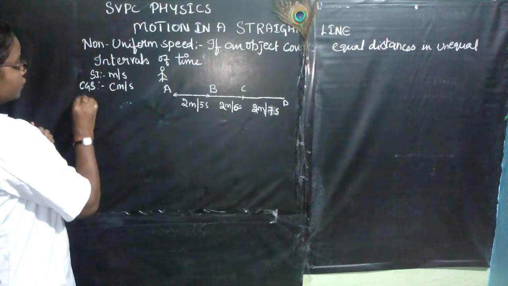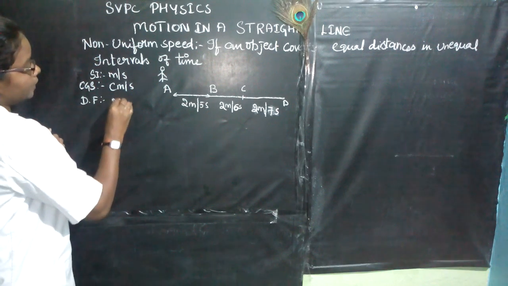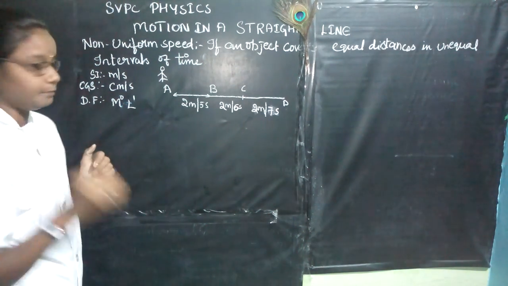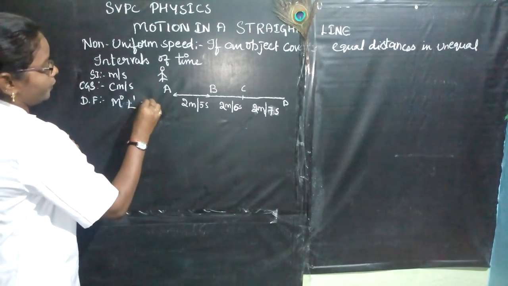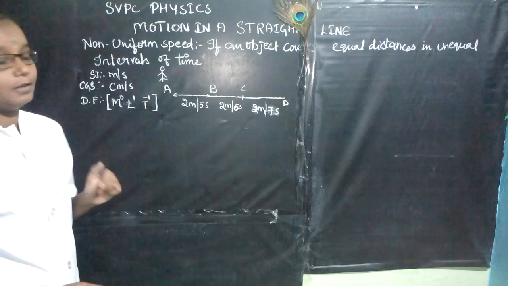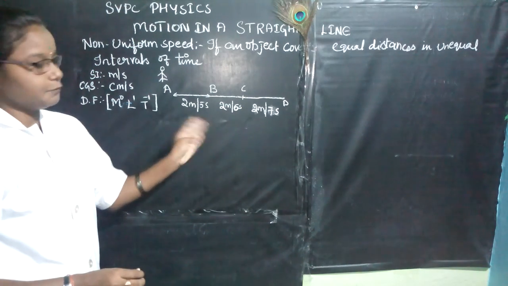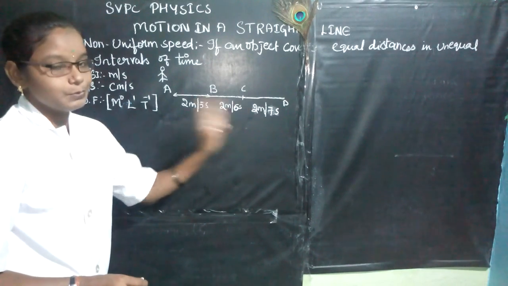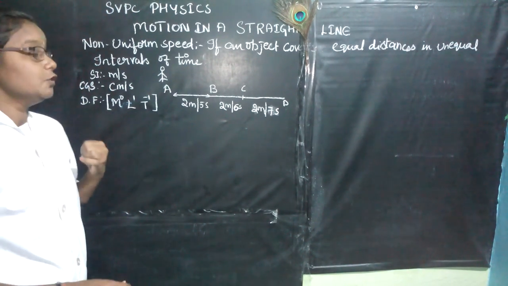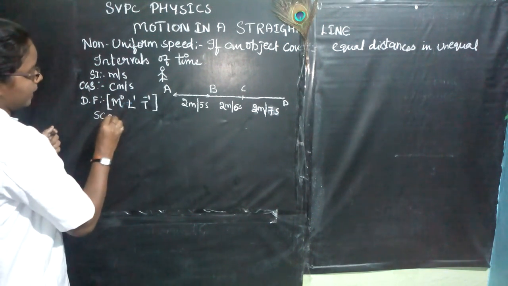The dimensional formula is the same as speed: the M term is absent, meter means the L term is there, one term, and second, T power minus 1. I am just telling it covers a distance from A to B, B to C, C to D, and I did not mention any specified direction here. So I can say it is a scalar quantity.